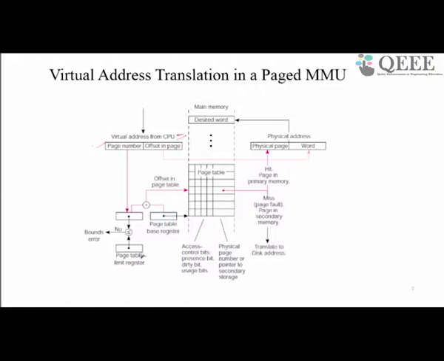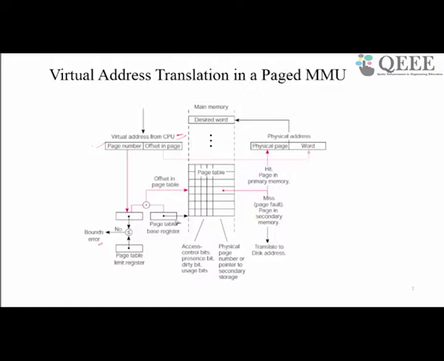So for every process, the valid number of pages that it can access will be present in this register. We check whether this page number is less than the valid page numbers that the process is allowed to access. If there is a violation, a bound error is generated.